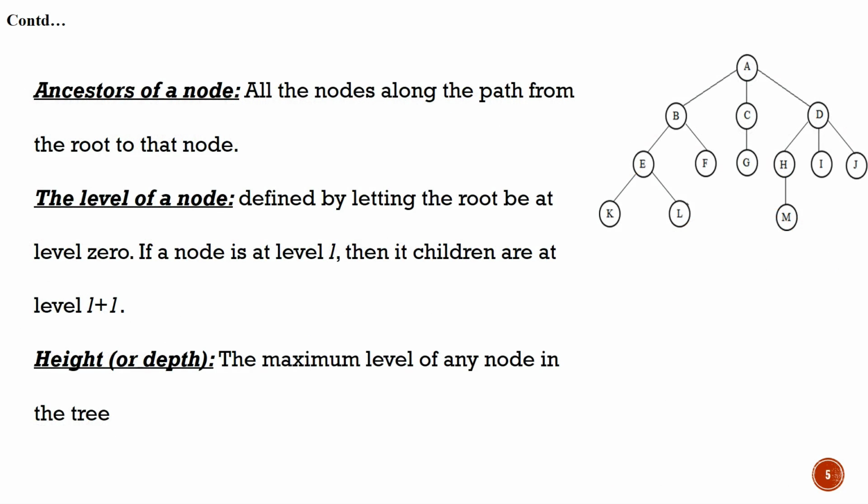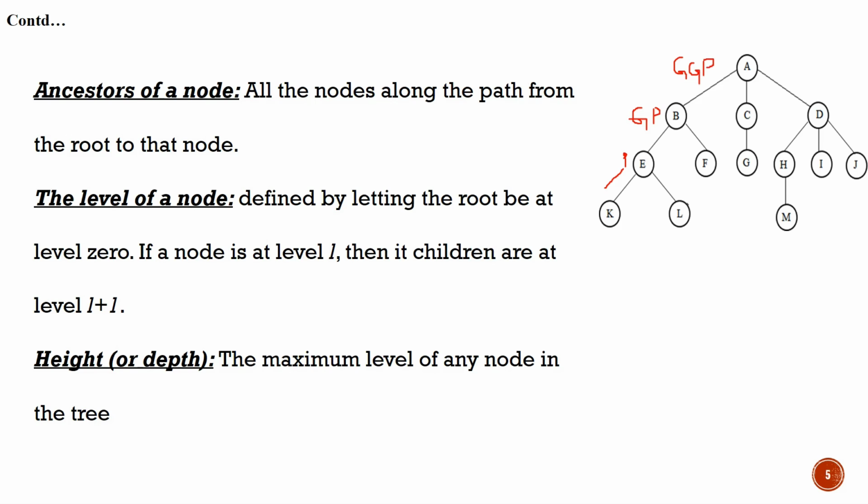The next, ancestors. Suppose I take up K. For K, E is the parent. The next, B is the grandparent. Then A, the great-grandparent.